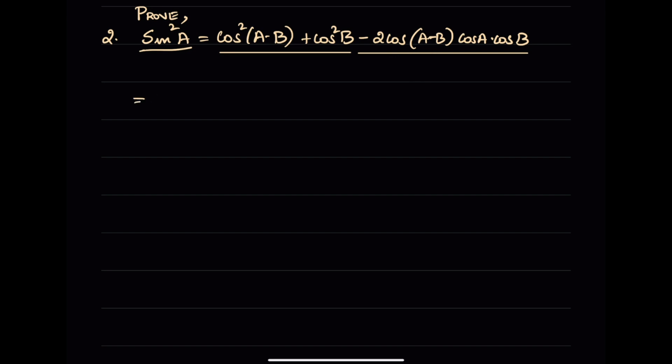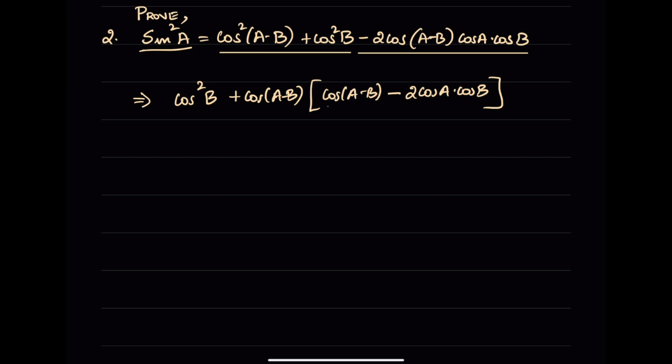So we can write this as cos of a minus b times cos square b, then plus cos of a minus b as a common factor, and this would be cos of a minus b minus 2 cos a cos b. Now let's apply the formula of cos of a minus b.